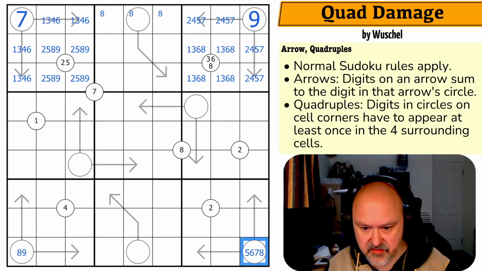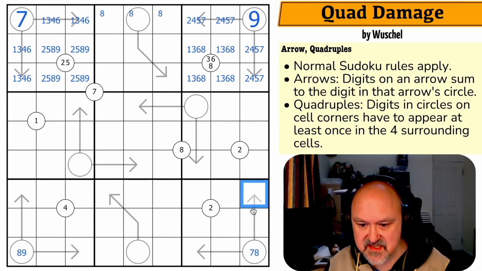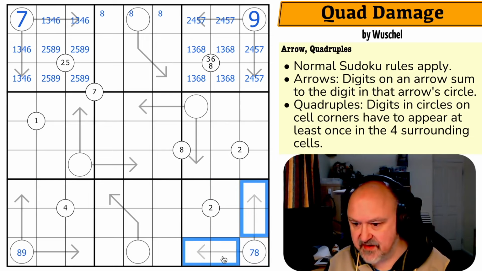Down here, I can't use 9. 5 would need 1 4 and 2 3, and 2's not available. 6 would need 1 5 and 2 4, and 2's not available. So this is 7 or 8. Now if it's 7, it's 1 6 and 3 4, and if it's 8, it's 1 7 and 3 5.